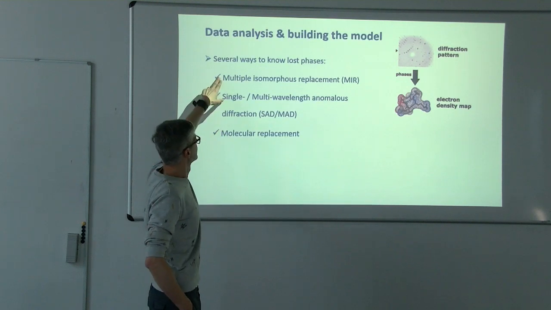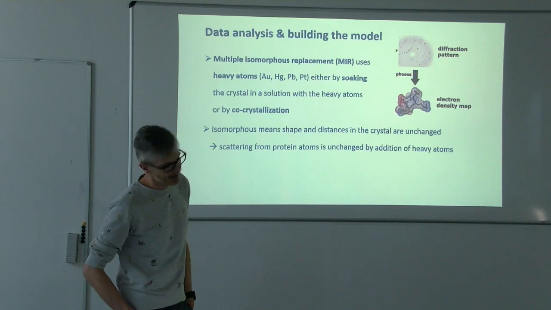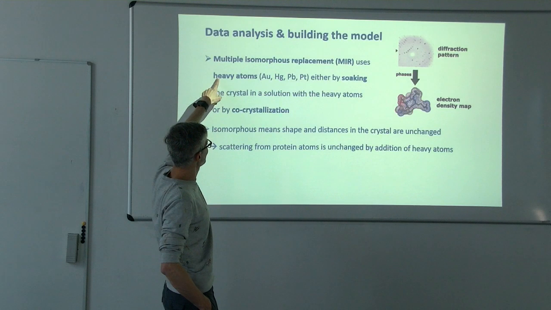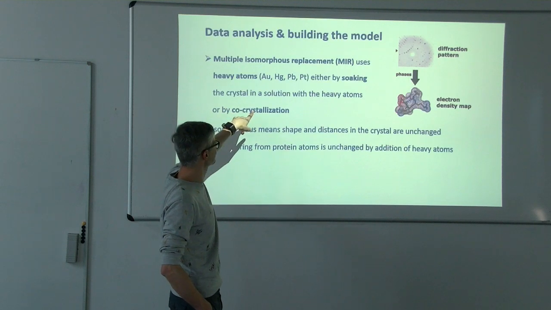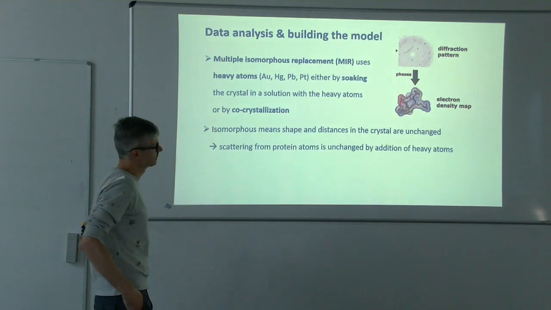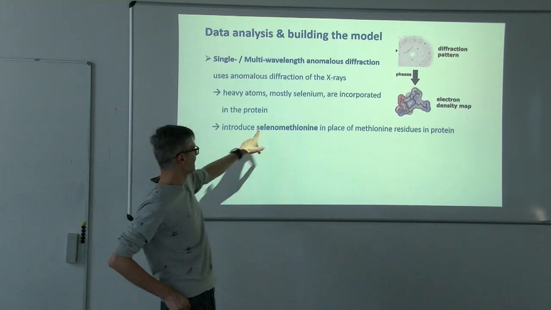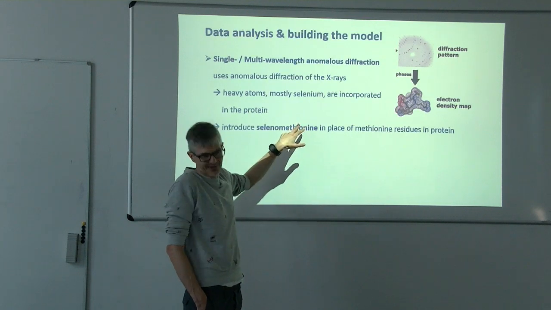These other ones are tricks you use. For example, for multiple isomorphous replacement, you soak heavy atoms in the crystal solution, and then they can co-crystallize, and that helps you to solve it. The other one is by using selenomethionine. You know methionine is a building block, an amino acid.